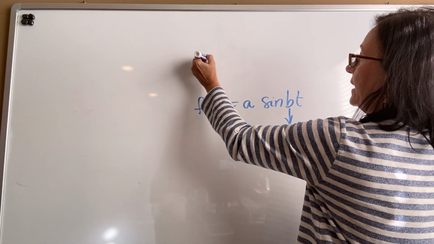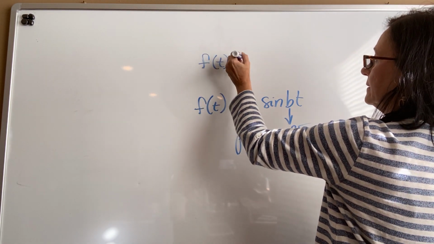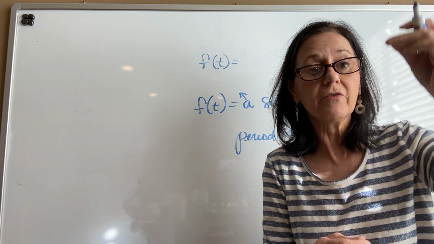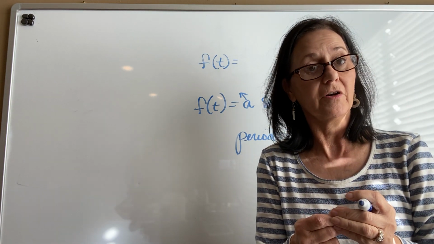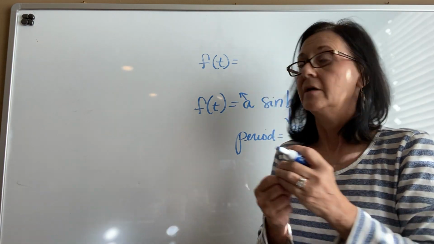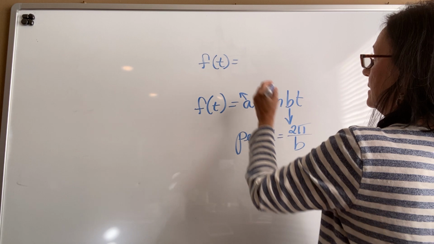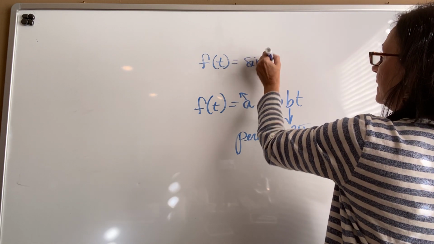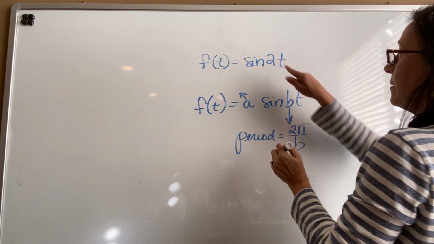And this A, that's your amplitude. That's how high the curve goes up above your imaginary x-axis and how low it goes below your imaginary x-axis.